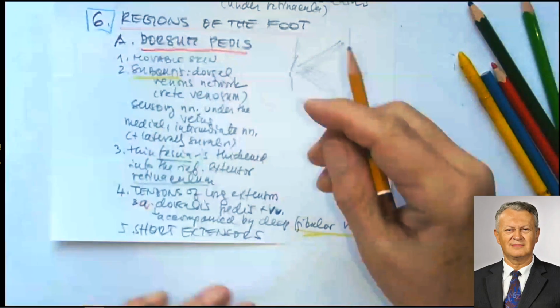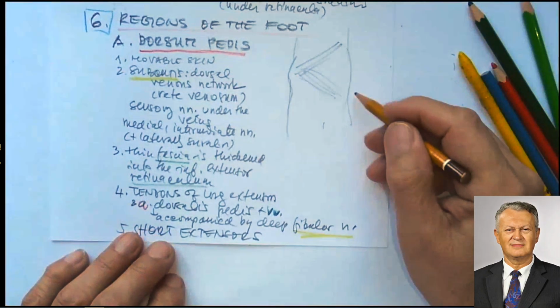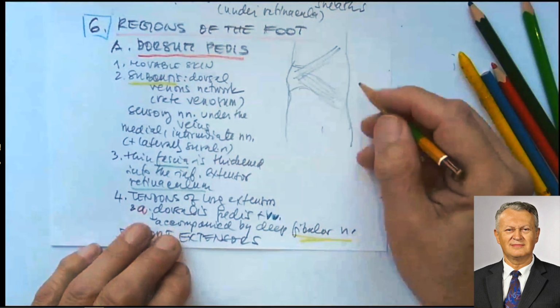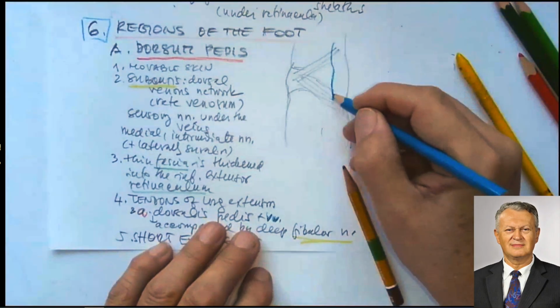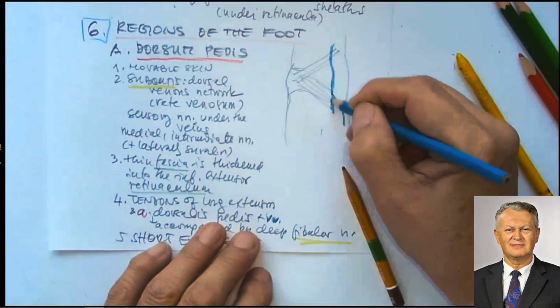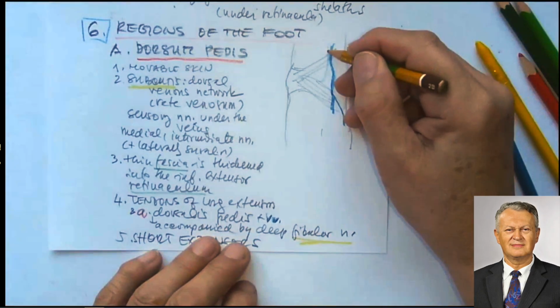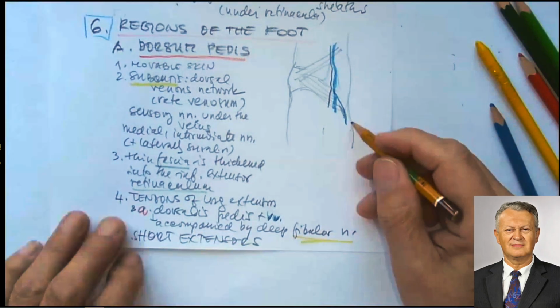Just sketching, because there is a place, and not to use that place would be bad. So here we have the inferior extensor retinaculum. On the extensor descend the great saphenous vein with the saphenous nerve. We will not label them.